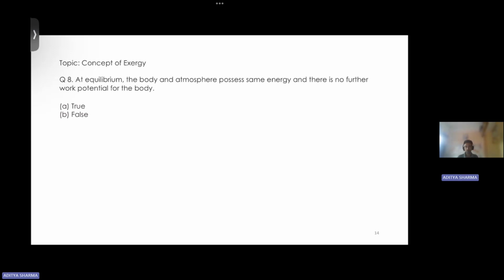So by body we mean system, right? And then by atmosphere we mean environment. So there is no further work potential for the body. This is the correct statement. Option A. So moving on to next question.